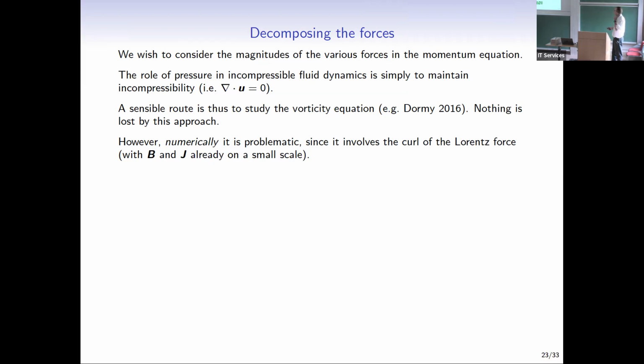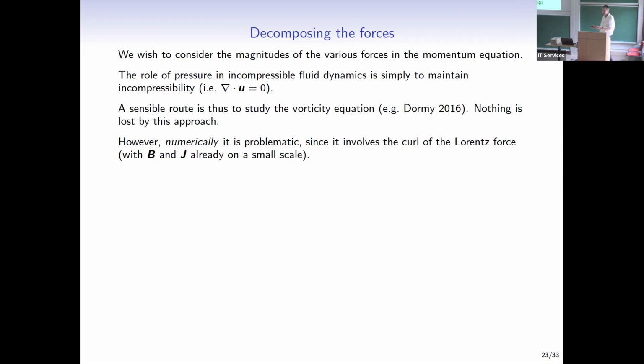However, numerically, that's problematic, in the sense that typically one runs these things to make sure your current is resolved. Typically, one does not run these things to make sure that the curl of J cross B is resolved.